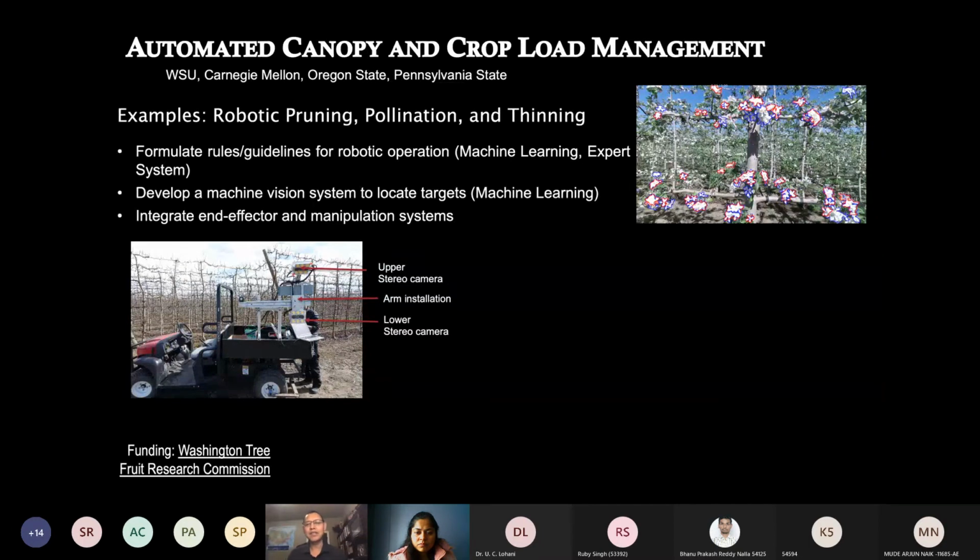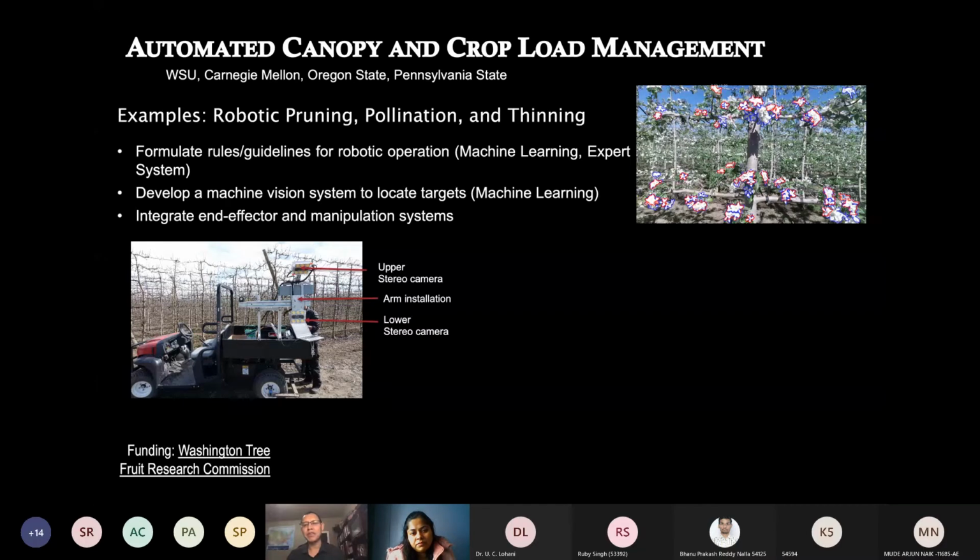And thinning is another aspect of overall canopy and crop load management, where we remove a portion of flowers and a portion of green fruit every year, so that the remaining fruit meets the desired quality and yield standard that farmers are looking for, so that they can market this fruit to their target markets. So in this area, we are working on all of these three aspects.